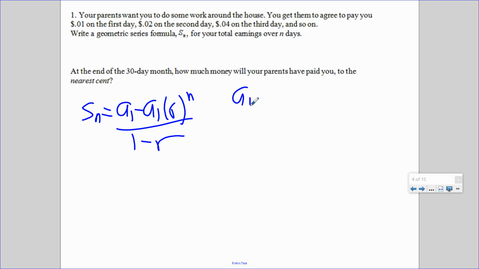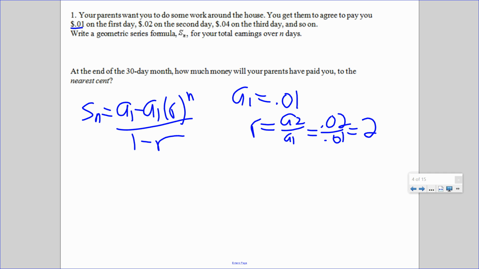Well, A1, on the first day I'm getting 1 cent. R, if you can't tell just by looking at it, is A2 over A1. In this example, that would be 0.02 over 0.01, which is 2.